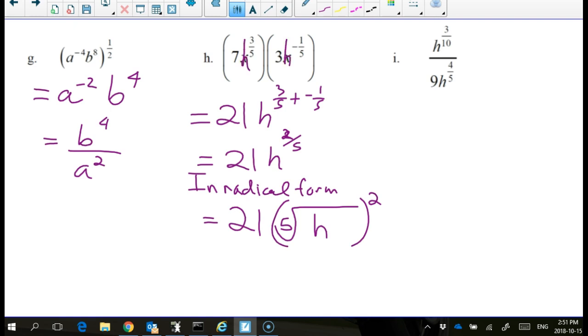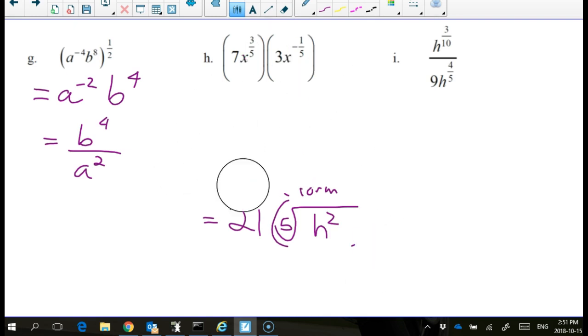Or alternatively, you can square the h and then leave that off.